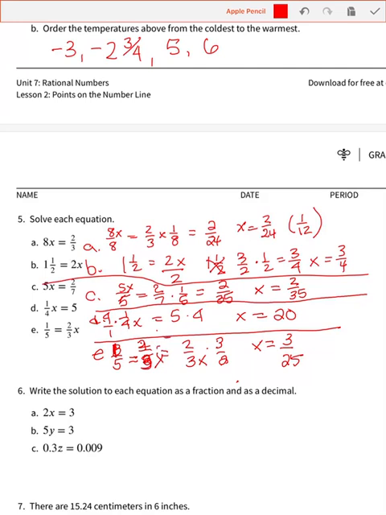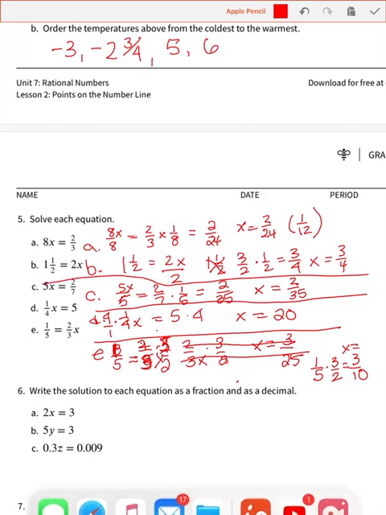So you're going to multiply both sides by, I'm sorry, 3/2. And you get 1/5 times 3/2 is equal to 3/10. X equals 3/10. Sorry about that.